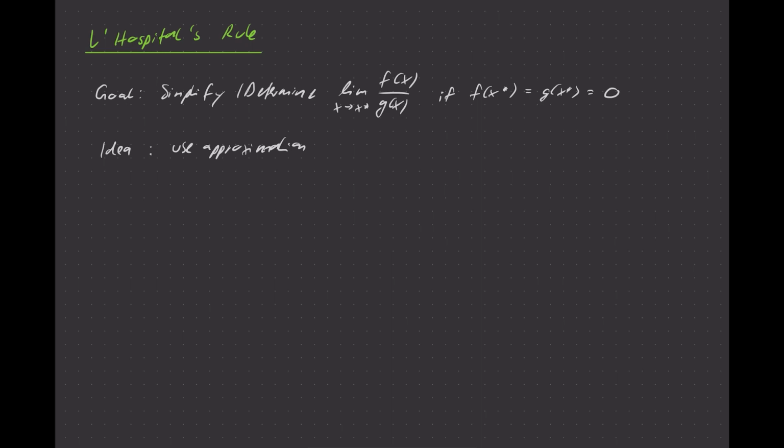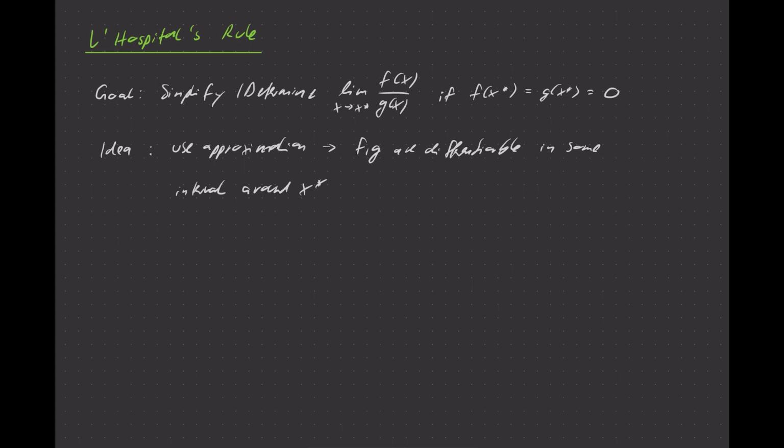More specifically, let's say f and g are differentiable, not just at x star, but in some interval around x star. So that we can reasonably approximate those functions around the point in question, which is x star.